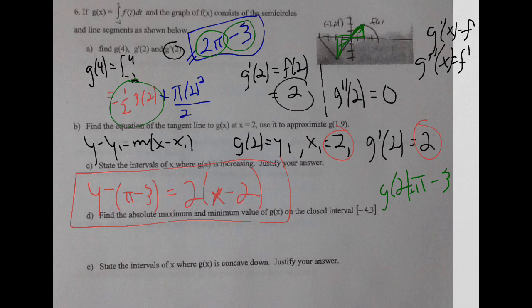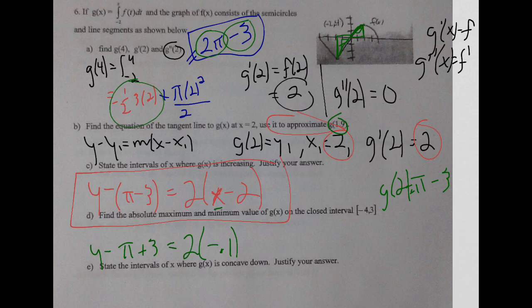So that's the first part, and now I have to use it to approximate g of 1.9, so I'll go over to green. There I just plug in 1.9 for x, so I get y minus, and I guess I will say pi minus 3 equals 2 times, when I plug 1.9 in for x here, I get a minus 0.1.